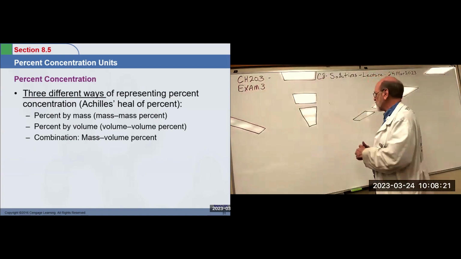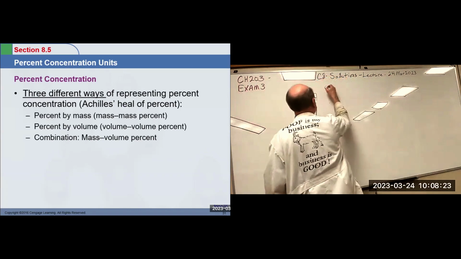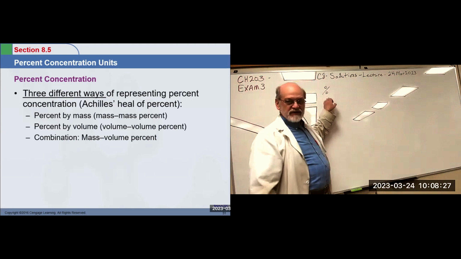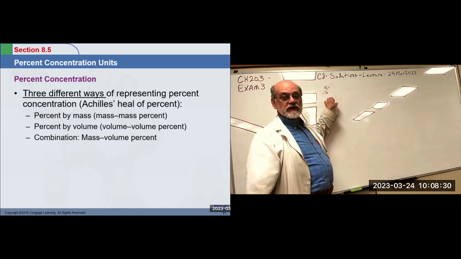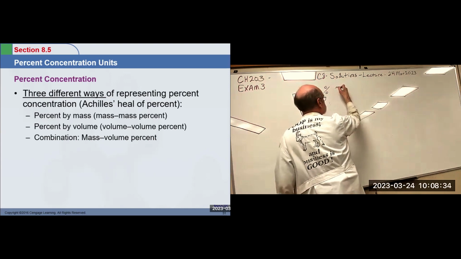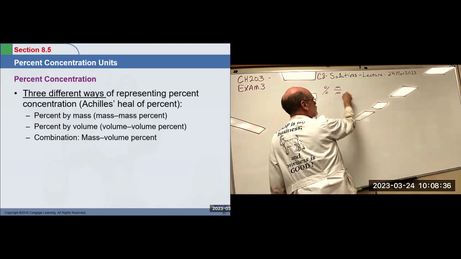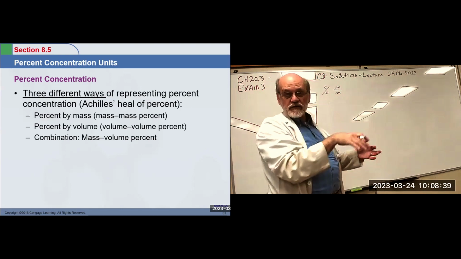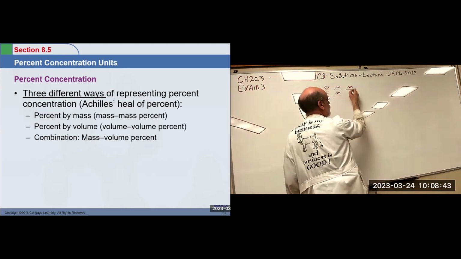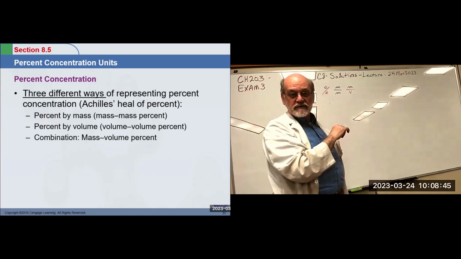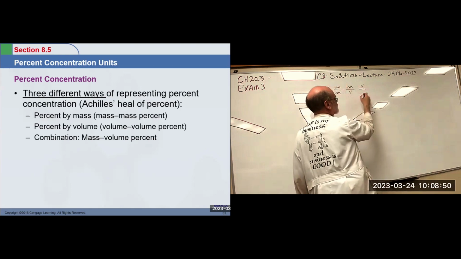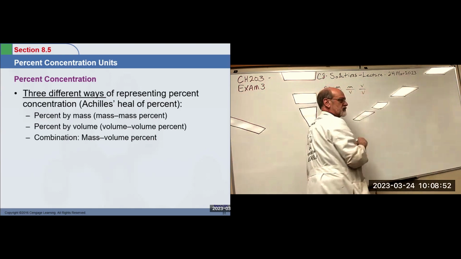The problem with percent is the same problem I've expressed over and over again. It is a dimensionless number, a dimensionless unit. You can't tell whether it's mass of solute per mass of solution, or mass of solute per volume of solution, or volume of solute per volume of solution.